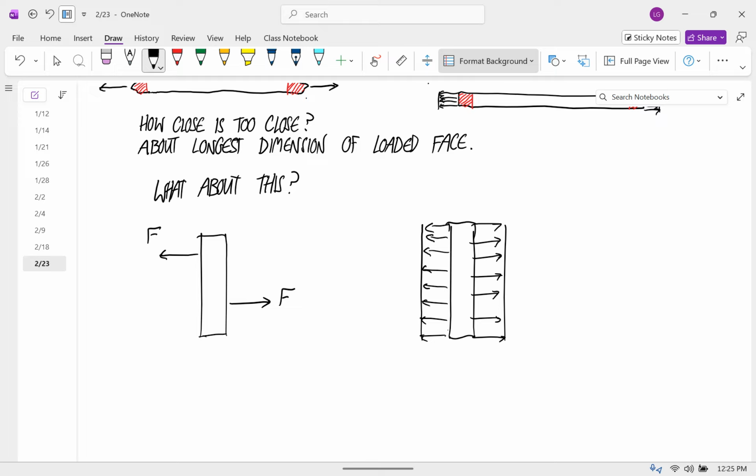Well, now the greatest length of the face is bigger than the distance between the two ends. So in this case, you can't trust any results from using an equipollent system.